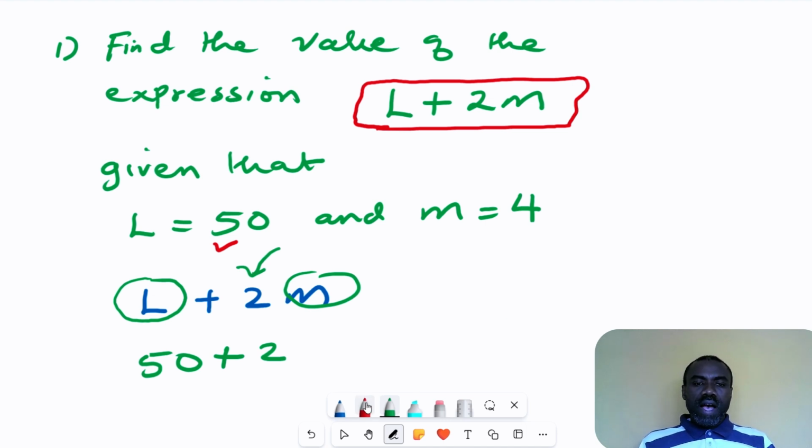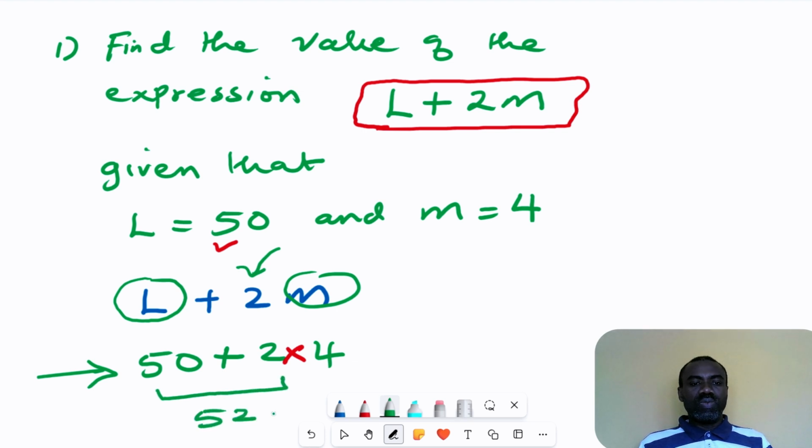So we are multiplying, and then M is 4. So 4. Again, let's recall our previous lesson. We should apply BODMAS to solve this correctly. Some students can go and add this bit first to get 52 and multiply that by 4.